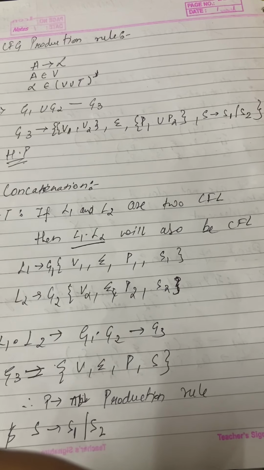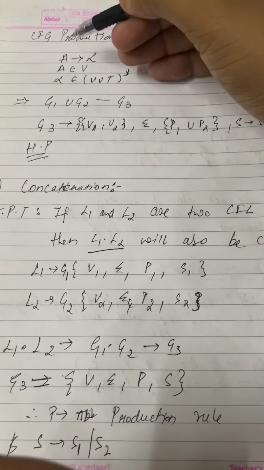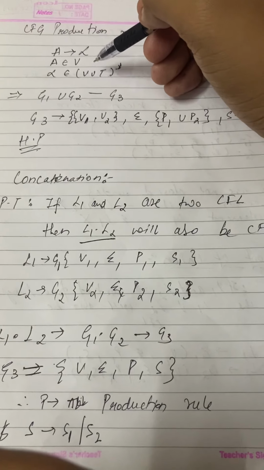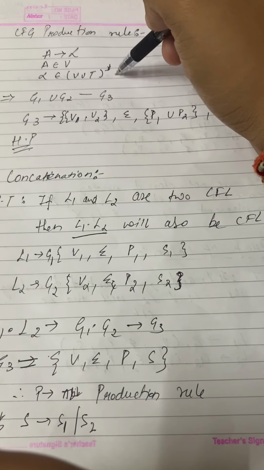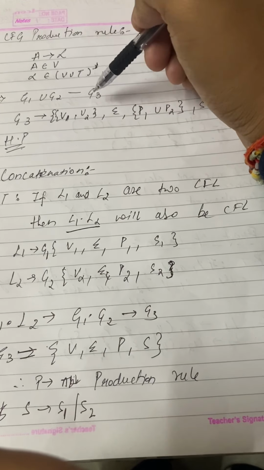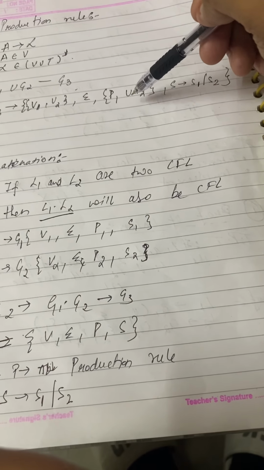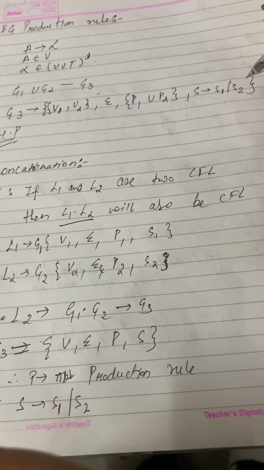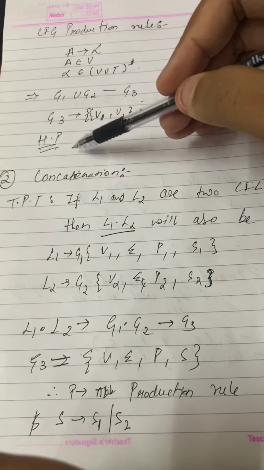As we know, a context-free grammar rule is A implies alpha, where A belongs to the variables V and alpha belongs to (V union T) star. So we form the union grammar G3 from G1 and G2, with V1 union V2, sigma, the productions, and a new start symbol choosing between S1 and S2. So in union all the conditions are satisfied, hence we say it is proved.